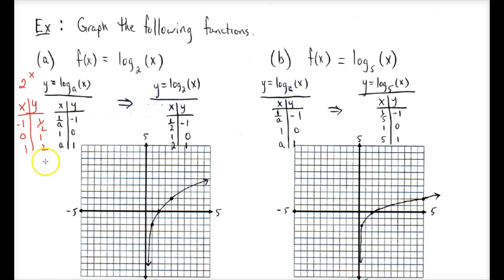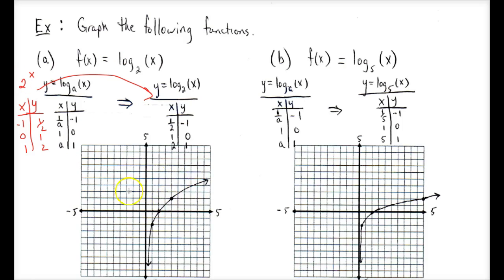Okay, so here, if you notice, I have -1, 1/2, 0, 1, 1, 2. If I go from here straight to here, you see that I have the exact same thing, but it's just flipped. Okay, so if you know that log base 2 of x's inverse function is the exponential 2 raised to the x, you can just do that and then flip those values and end up with the same thing. Okay, so that's an alternative way of looking at it here.